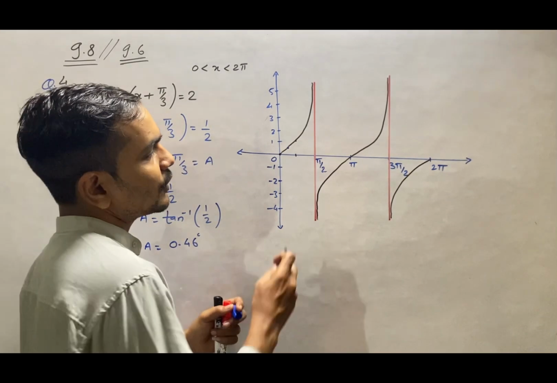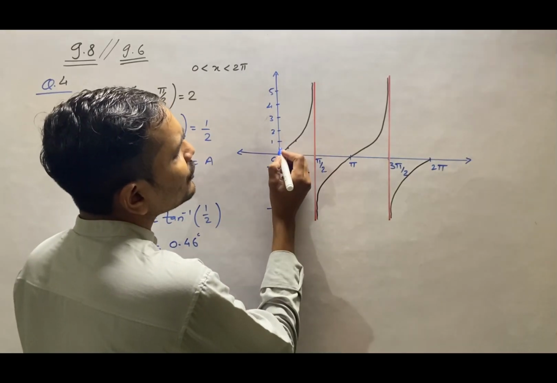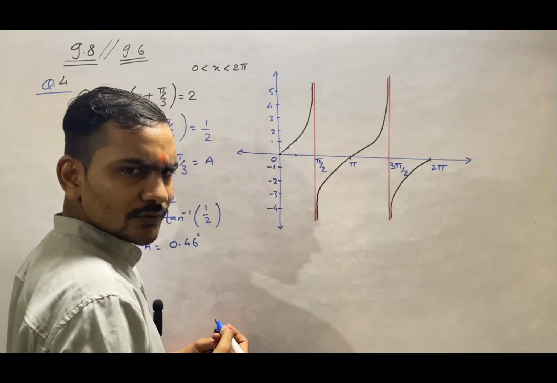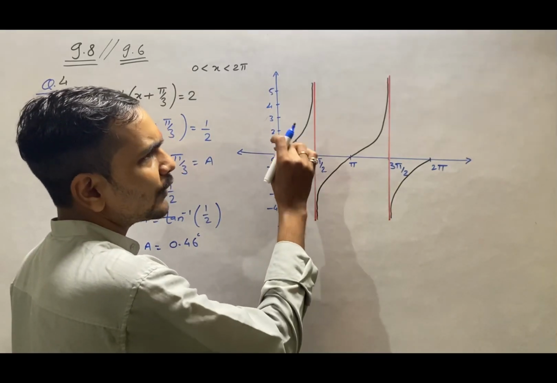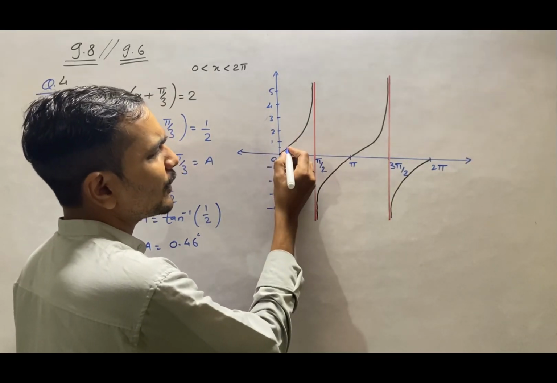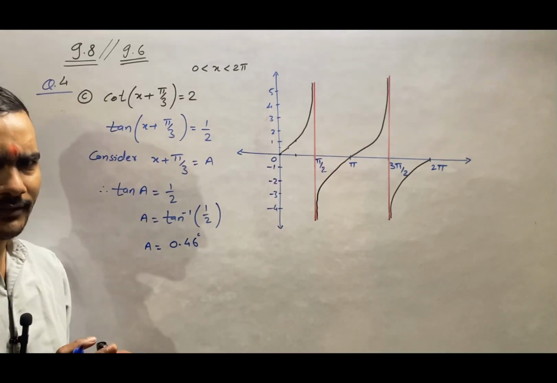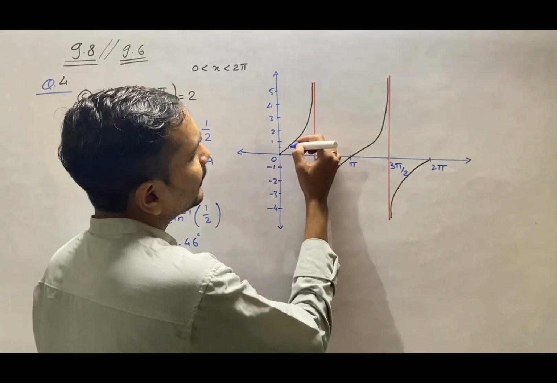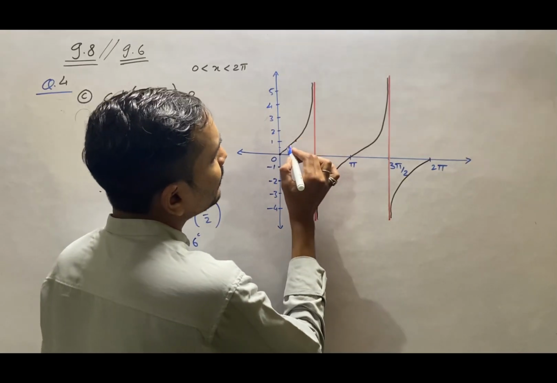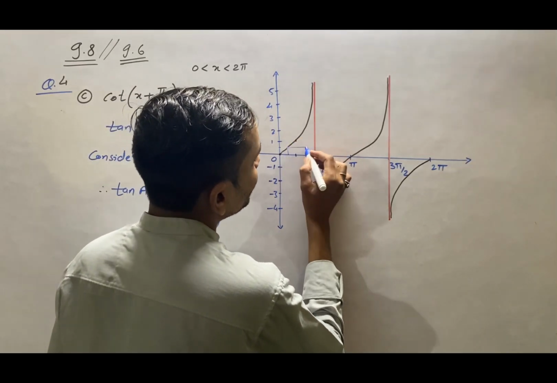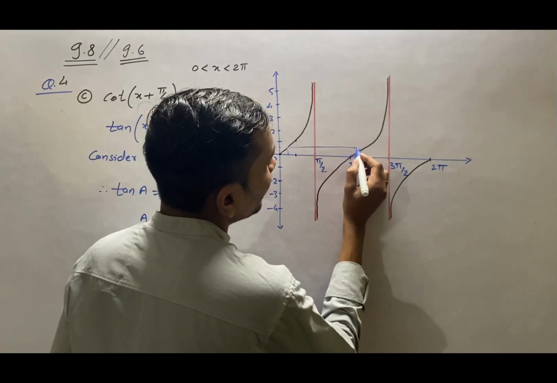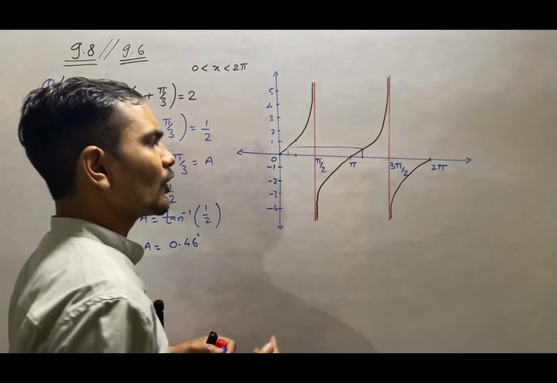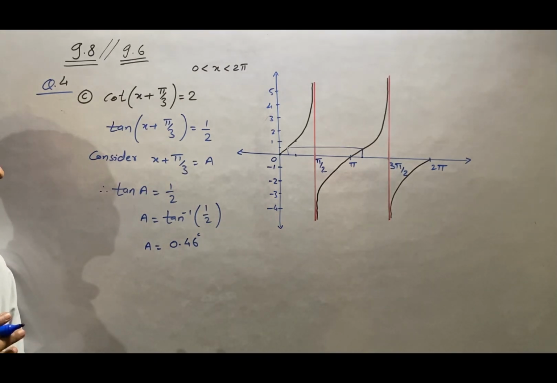So 0.46 is something around 0.5 on the y-axis, right? In between 0.4 and 0.5, we will get approximately 0.46. So from here we will draw a parallel line to the x-axis, and then again draw a perpendicular on the x-axis.